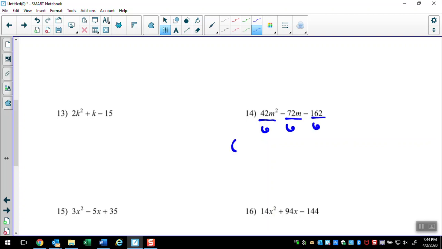So now I get, 42 divided by 6 is going to be 7m squared. 72 divided by 6 is going to be 12m. And then 162 divided by 6 is going to be 27.